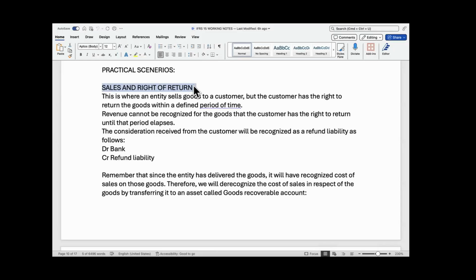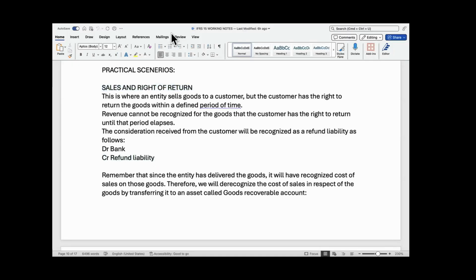It won't be open. It will be like, okay, within 3 months, within 4 months, you can return. So that portion of goods that can be returned, you cannot recognize as revenue. You would recognize it as a refund liability.